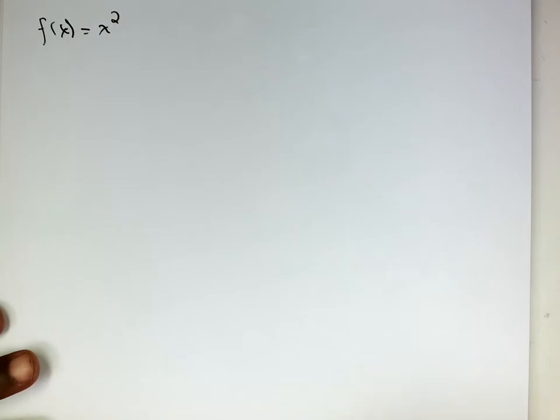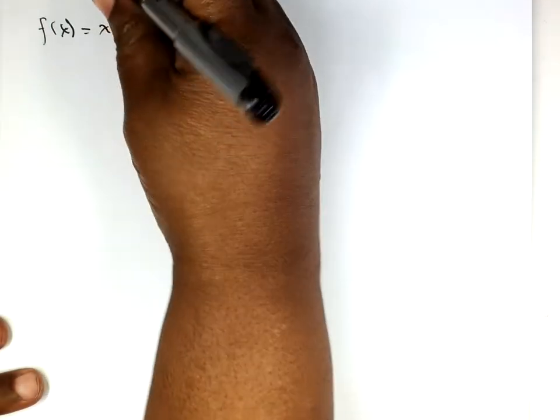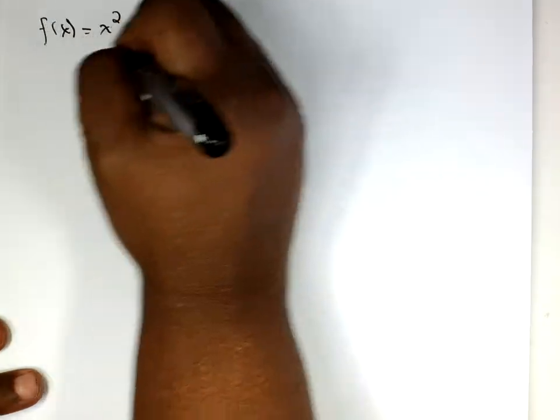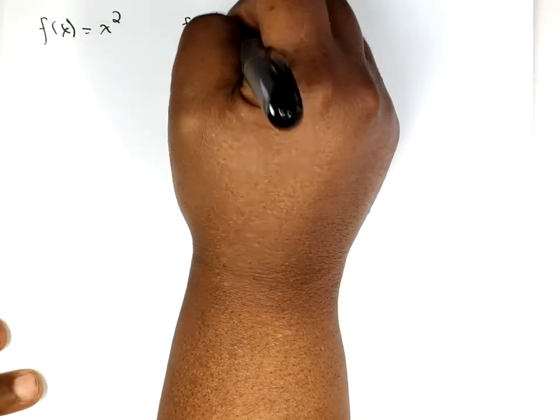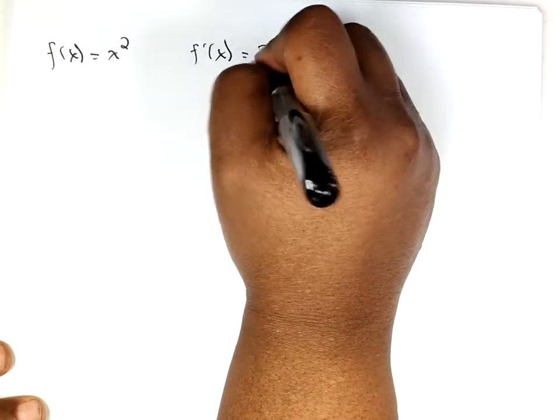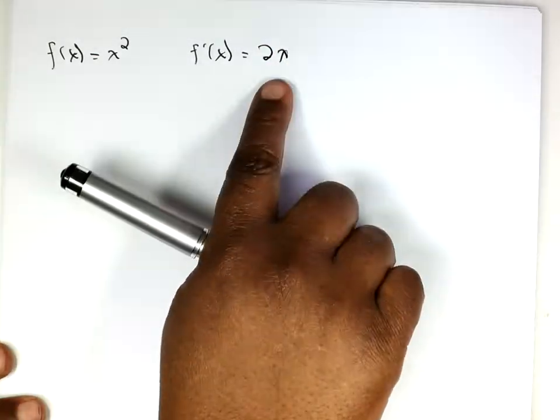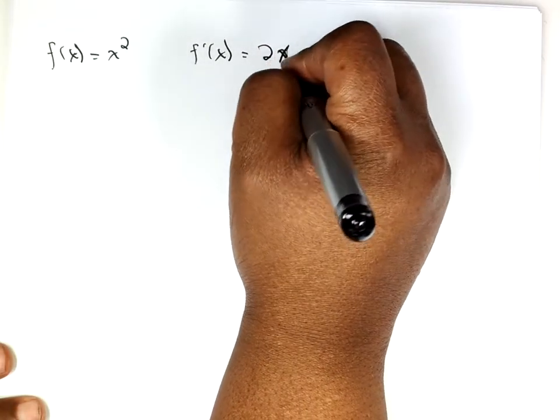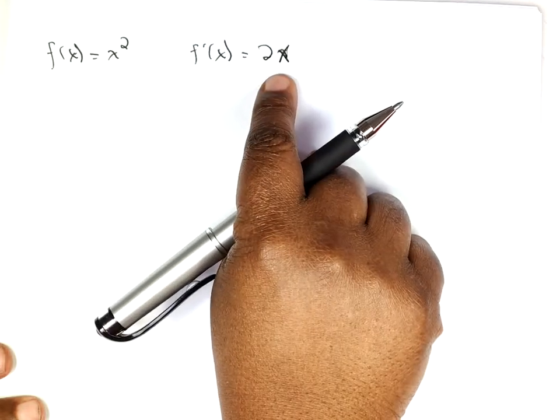So I have f of x is equal to x squared, and I want to know where this thing is increasing and decreasing. So first I take the derivative. So just by inspection, if I plug in a negative value in here, I get something that's negative.